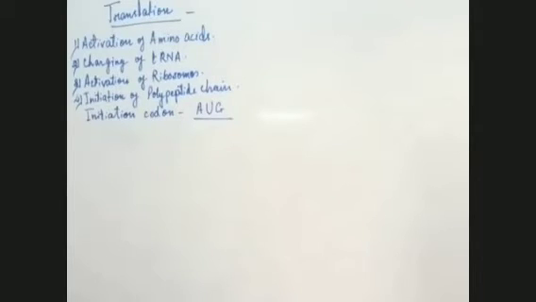So this will be the first codon read on the messenger RNA. And then accordingly, the tRNA will carry the amino acid which codes for AUG. That means the amino acid which codes for AUG is methionine.